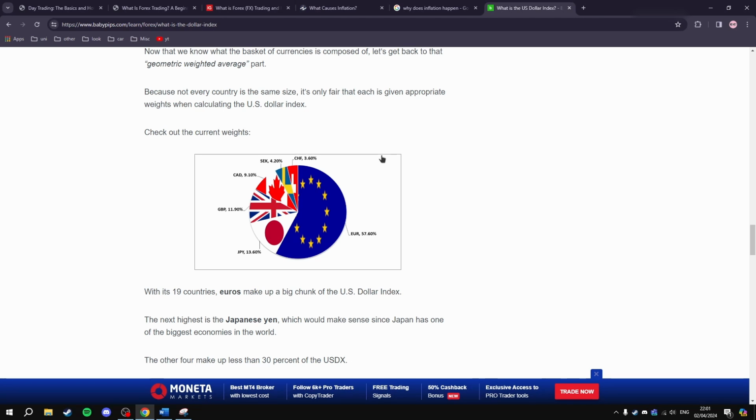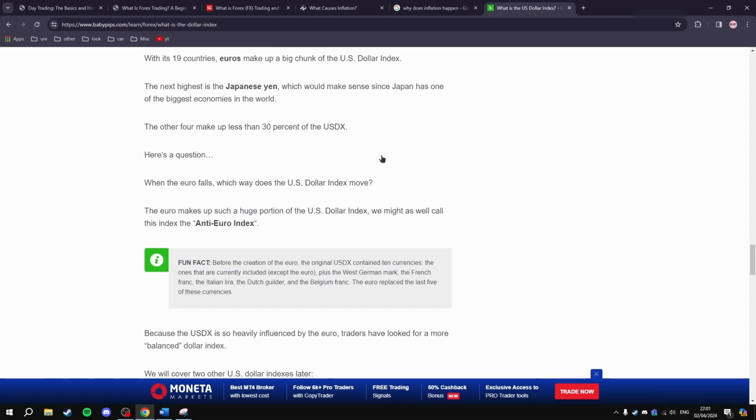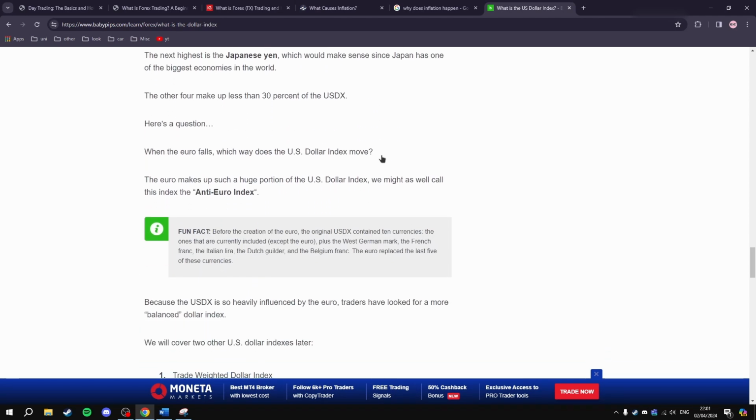Within the 19 countries, the euro makes up a big chunk of the US dollar index. The euro makes up such a huge portion of the US dollar index, we might as well call this index the anti-euro index.